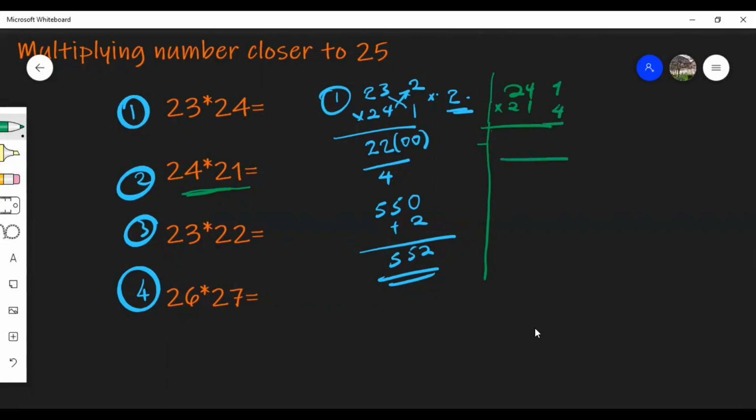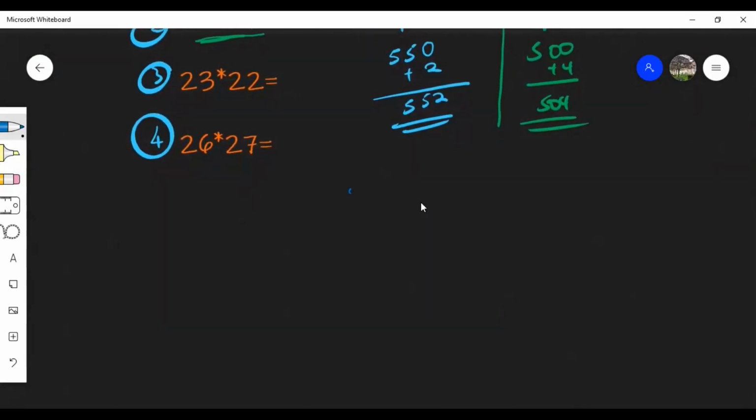You come down, you get the difference here, and it's 20, like I said, it's in hundreds. And then you get the product of 4 and 1, which gives you 4. That one comes later, but first we have to divide this one by 4, which gives you 500 plus 4, so you have 504. The last two, we have 23 by 22.